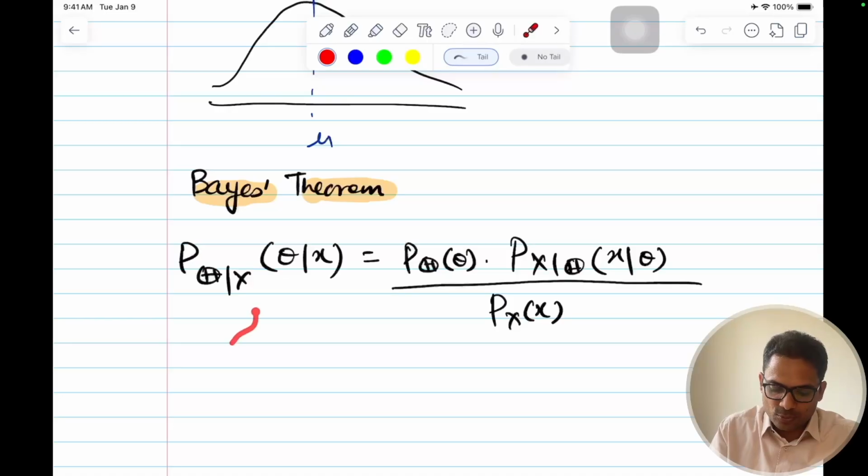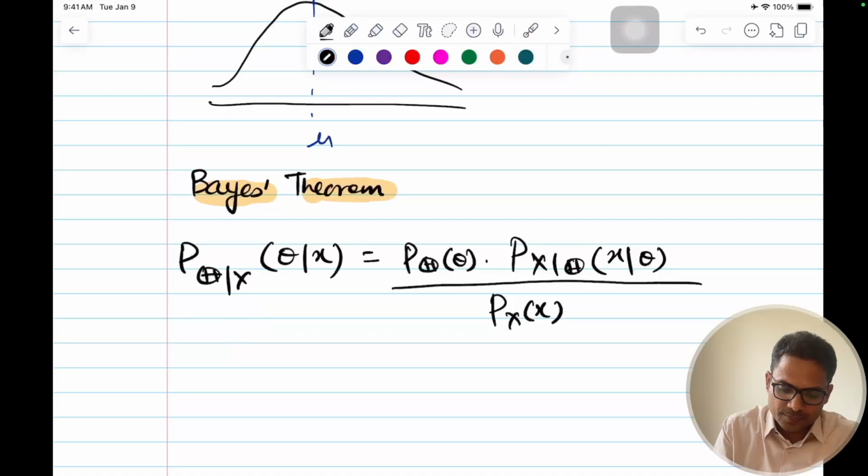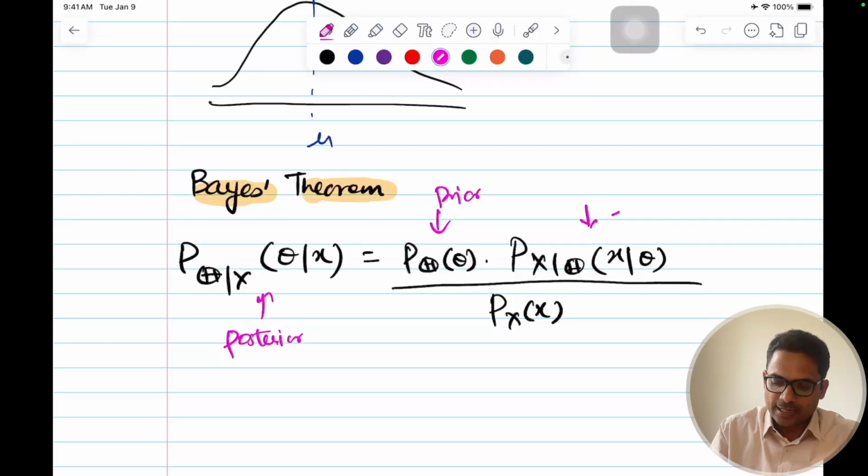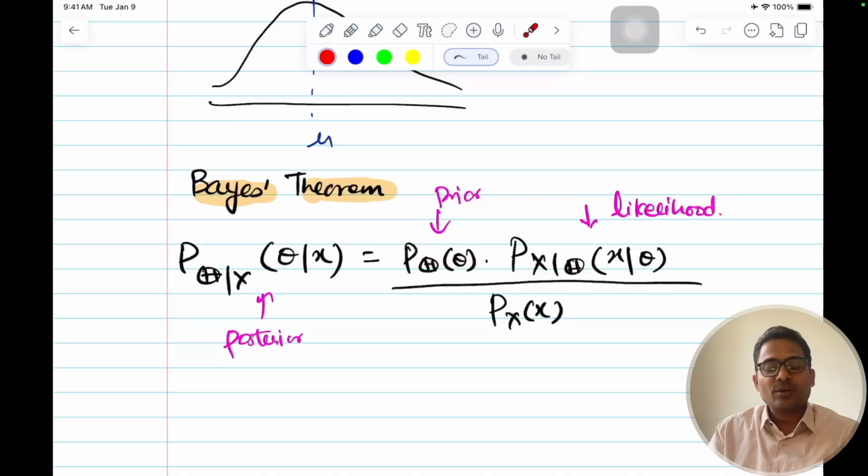This is my posterior. This is the prior. What is the initial belief about the parameters? What is the distribution? And this is the likelihood. Likelihood means the likelihood of seeing the data, the sample that we have observed, given the parameters of the model.